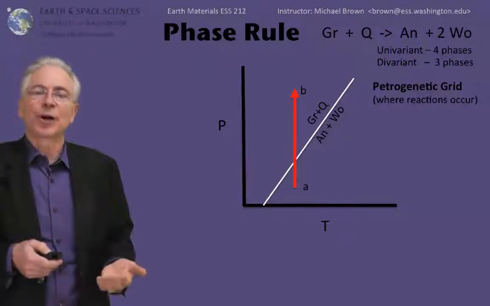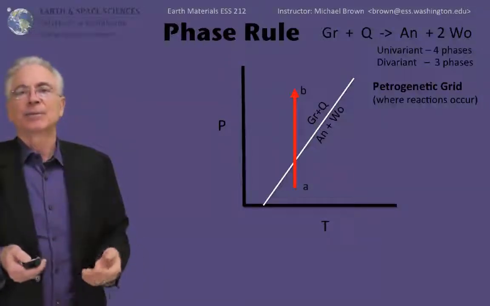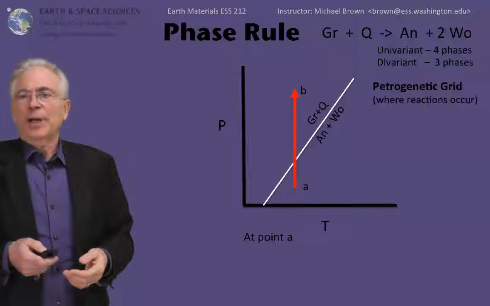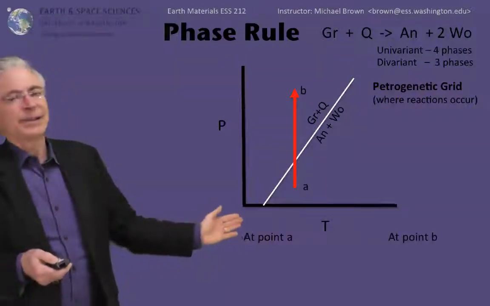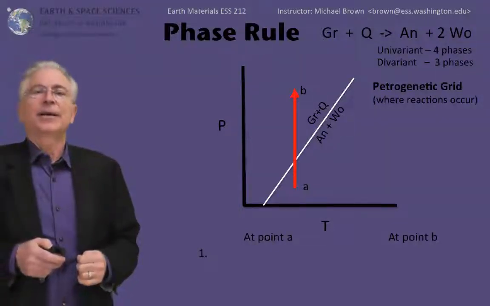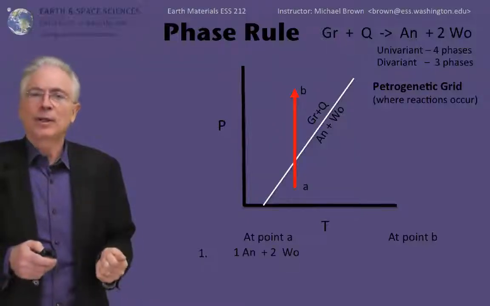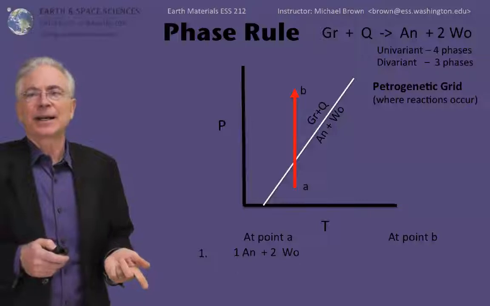Now, as you pressurize it, it crosses the reaction line, so there has to be some changes in the phases. So at point A and point B, let's track what's going on, and I have the table at the bottom. So let's first of all take a calculation assuming that we have 1 mole of anorthite and 2 moles of wollastonite.